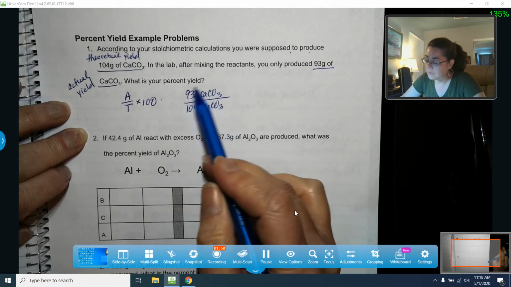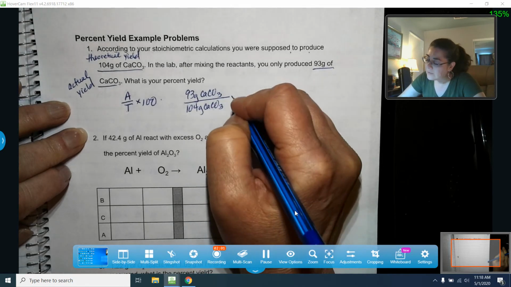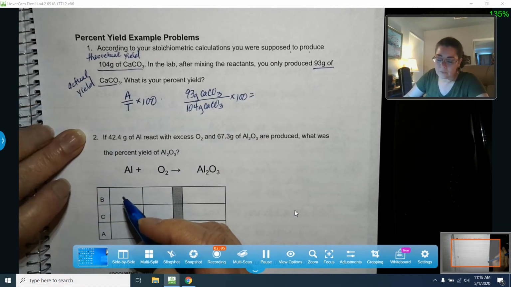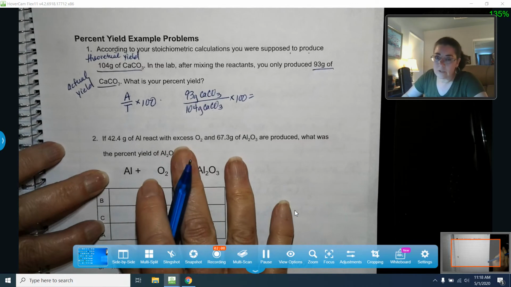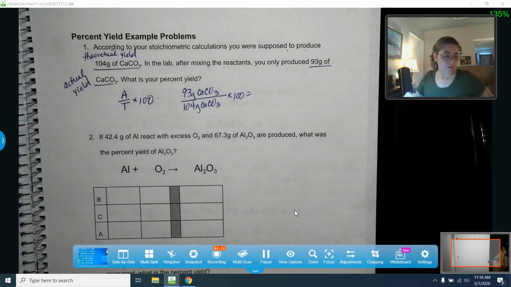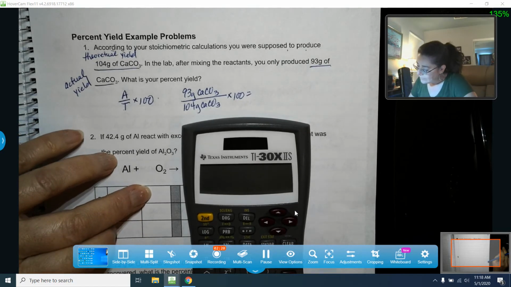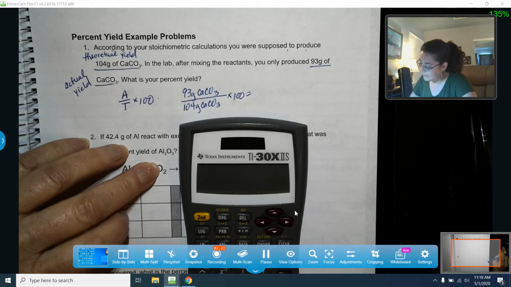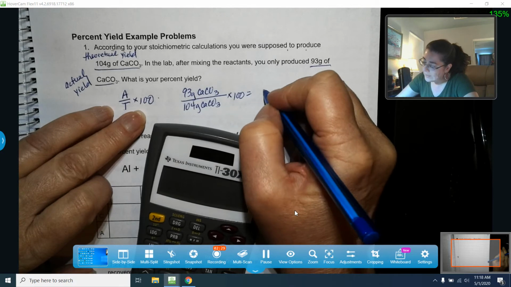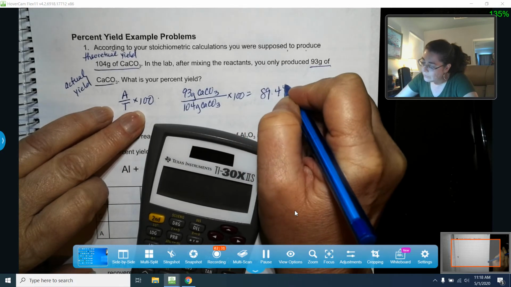We're comparing the same product times 100, and then we do that on our calculator. Where's my calculator? Oh, there we go. Okay, so it's 93 divided by 104 times 100, and we get 89.4%.